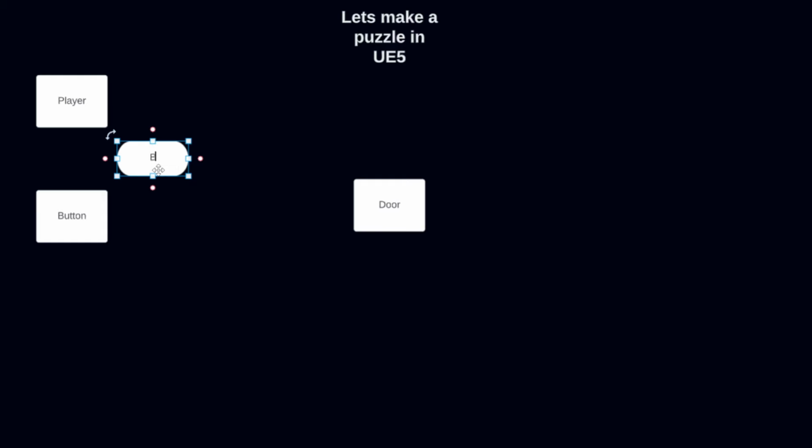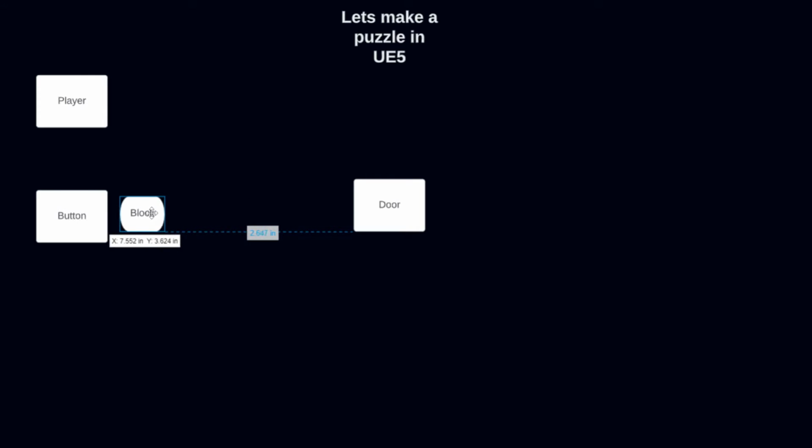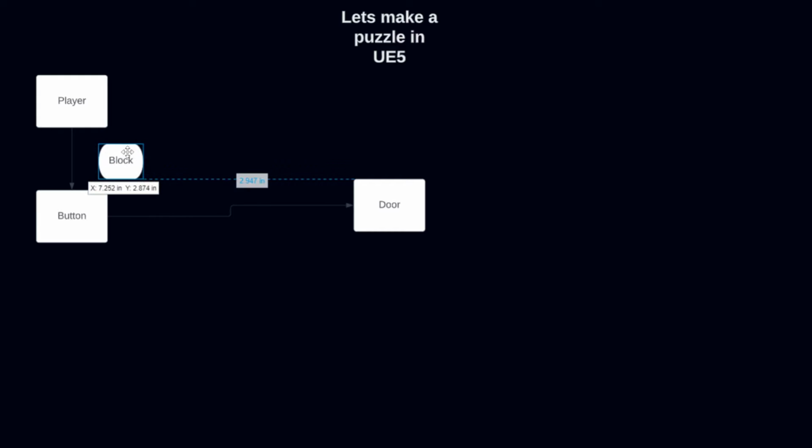This one's going to just be a block that the player can move around to activate the door. So basically like the very first puzzle you get in Portal. So the player can either activate the button, or the player can use the block to activate the button.